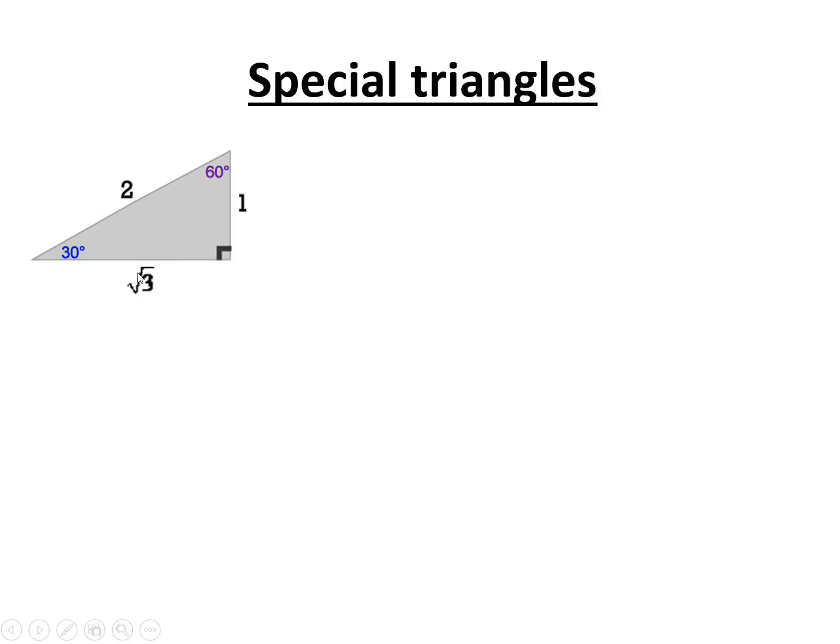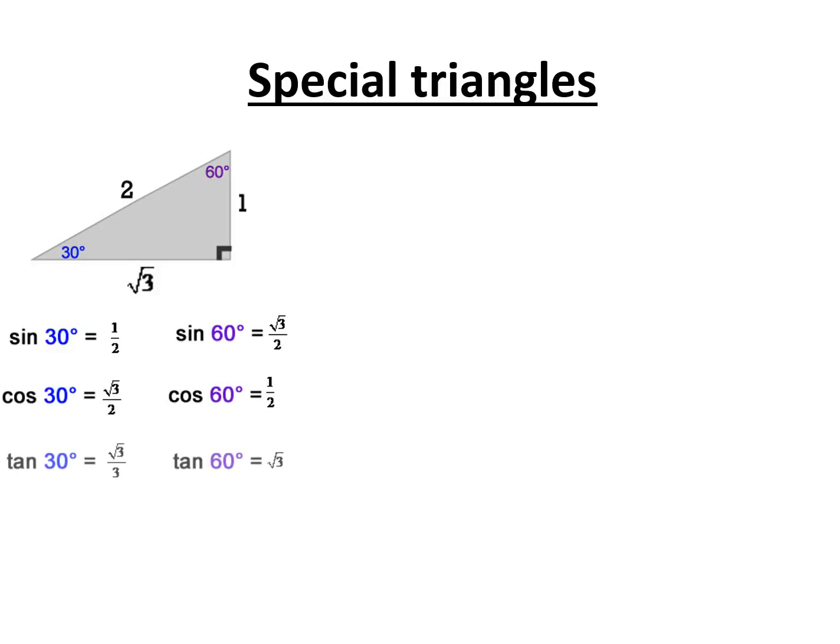You can see that using Pythagoras' theorem, you do 1 squared plus root 3 squared equals 4, square root of that is 2, which means using these angles, you can see using the definition of sine equals opposite over hypotenuse, sine of 30 is 1 over 2, but if you do it from this angle, the opposite is root 3, so sine of 60 is root 3 over 2. That's the general rule for special triangles, and you can use it for cos, you can use it for tan as well.